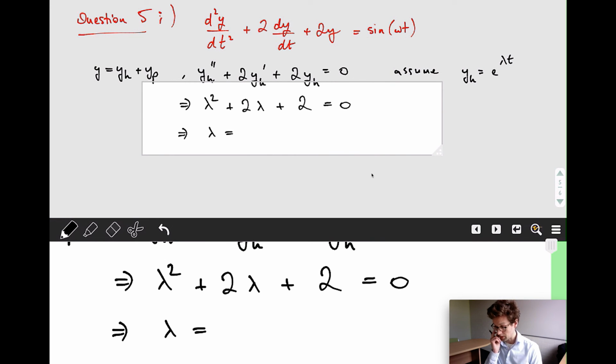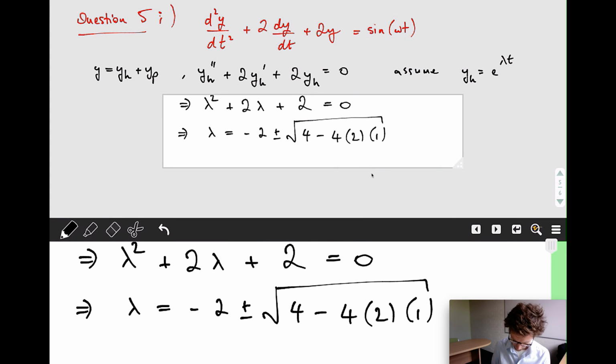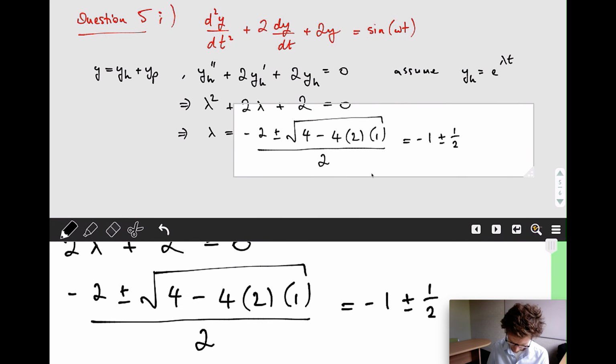So lambda is going to be equal to minus 2 plus or minus the square root of 2 squared minus 4 times 2 times 1, all divided by 2. So that will be minus 1 plus or minus a half times the square root of 4 minus 8, so that's the square root of minus 4.